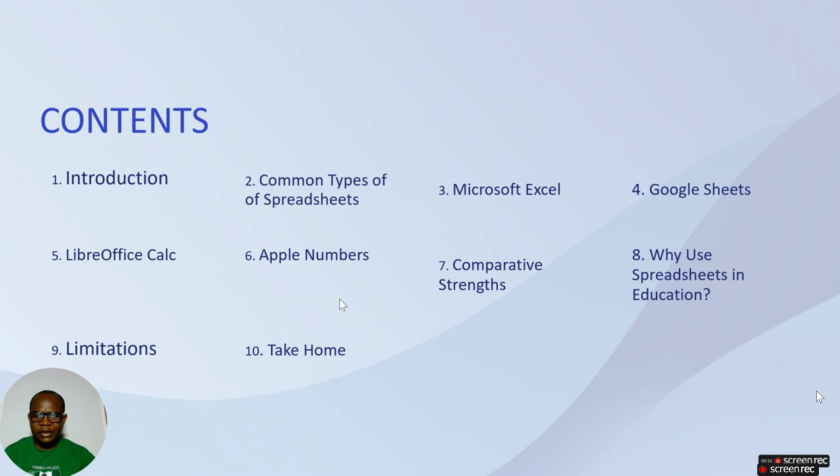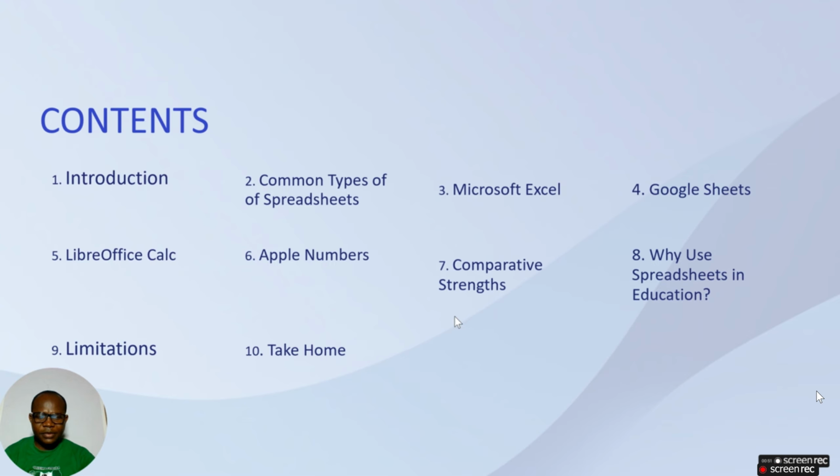We are going to be looking at the following areas of spreadsheets. We look at the common types of spreadsheets we have. The example is Microsoft Excel. We also look at Google Sheets, LibreOffice Calc, and Apple Numbers.